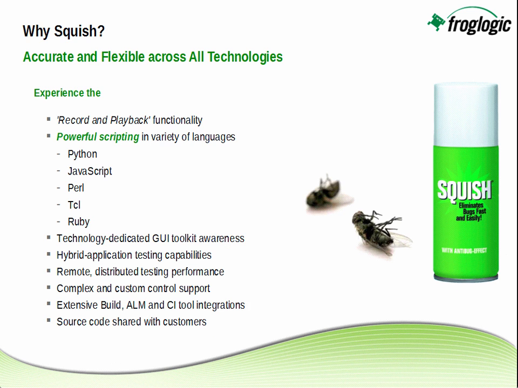Now, Squish offers record and playback functionality as well as powerful scripting, so you'll have the combination of both, as well as access to your GUI toolkit, so access to your application's API. And whether your application is made up of more than one technology or a single technology, we can support hybrid technologies as well.